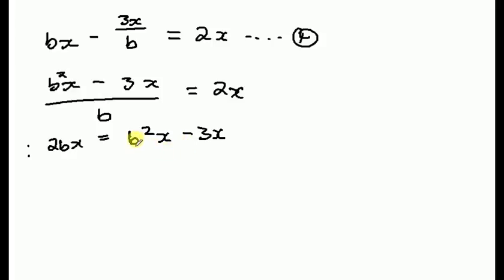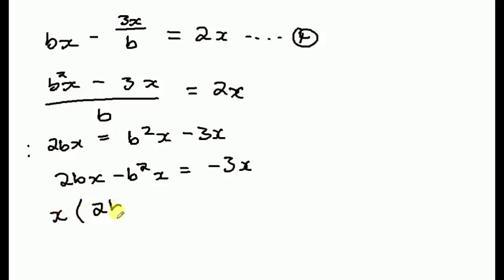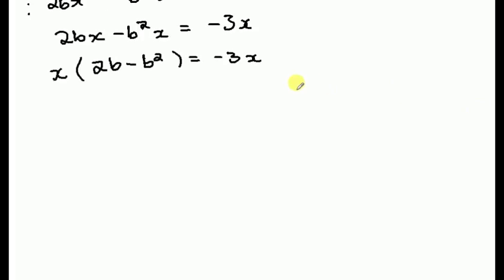We will rearrange, so we take b squared x to our left hand side, so we're going to have 2bx minus b squared x is equal to negative 3x, which is going to give us, when we take x as a common factor, 2b minus b squared is equal to minus 3. So now we are going to divide both sides by x, so we'll be only having 2b minus b squared is equal to minus 3.